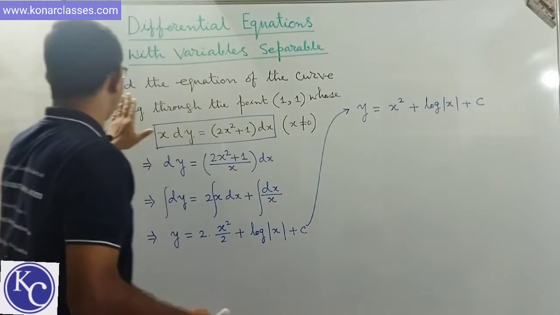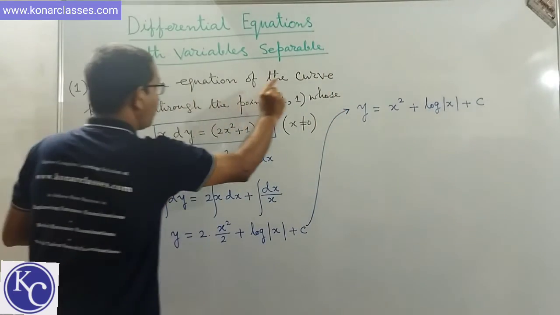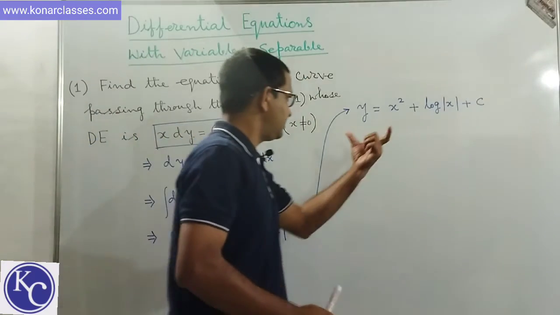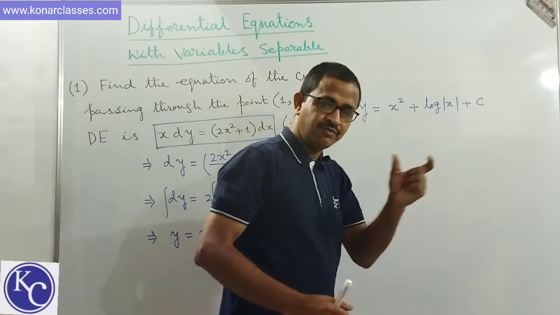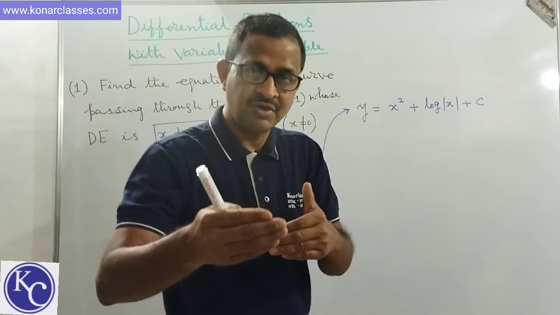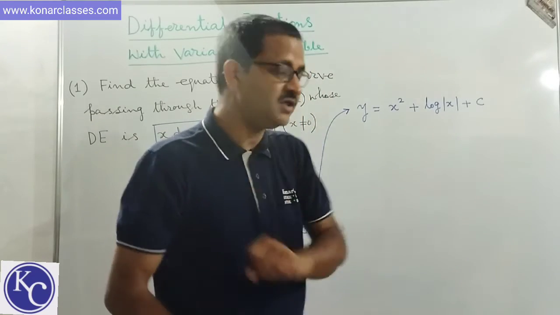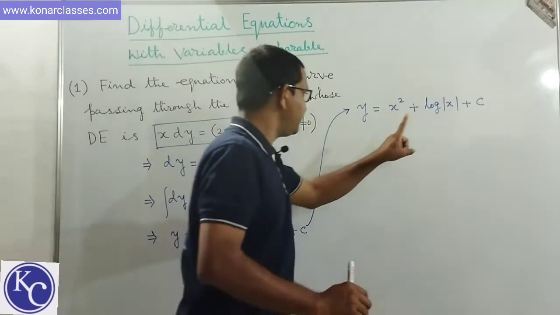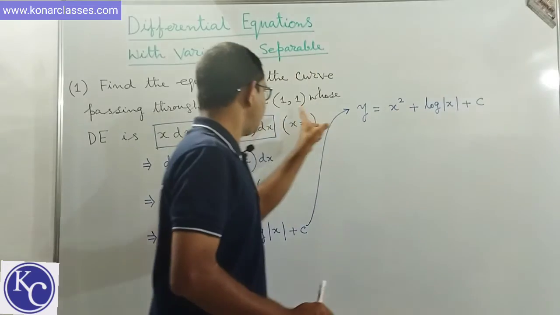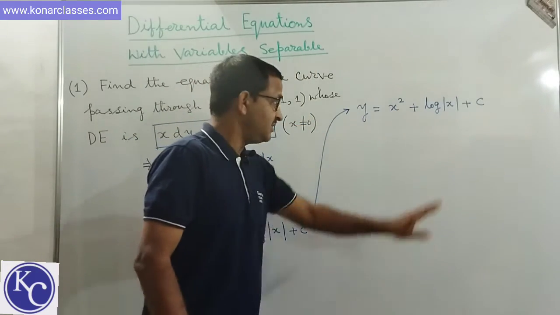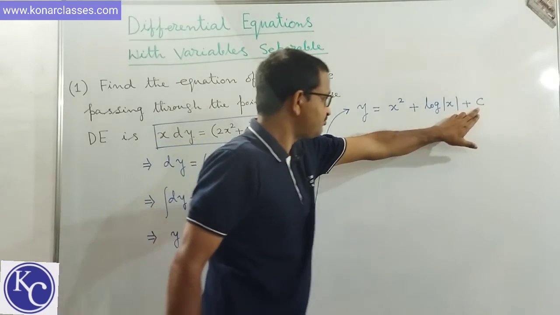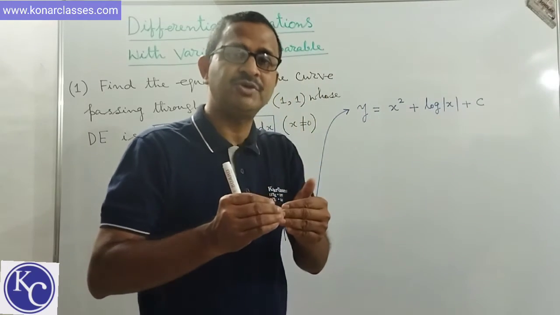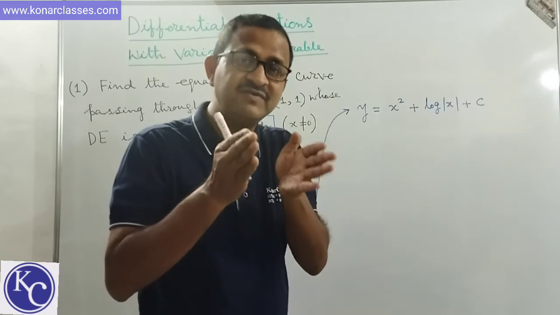If you look into the question, find the equation of the curve passing through the point 1, 1. Family of curves means there are many curves, and out of those curves, one is passing through the point 1, 1. The moment we apply x equal to 1 and y equal to 1, we can find the value of this arbitrary constant, and then we get the particular solution of the differential equation, that means a specific curve.